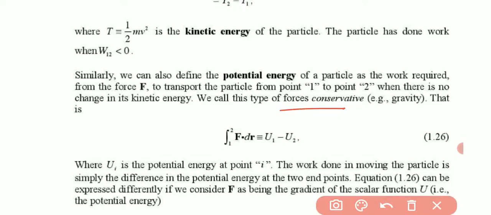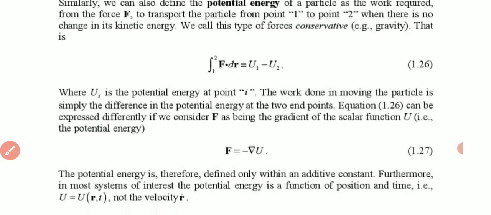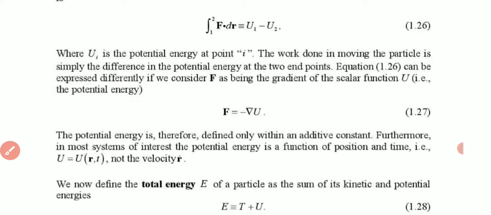That is, integration 1 to 2 of F dot dr will be equal to U1 minus U2, where U1 is the potential energy at point 1 and U2 is the potential energy at point 2. The work done in moving the particle is simply the difference in the potential energy at the two end points.